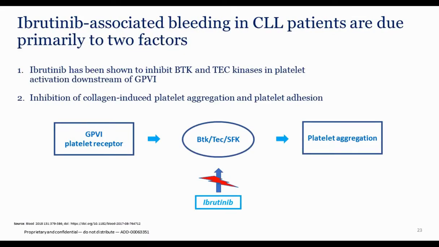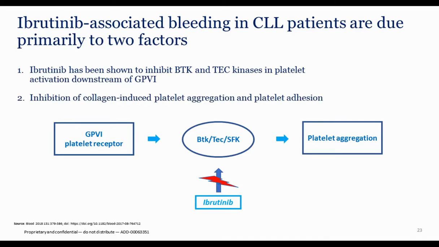The actual mechanism that's associated with this particular drug in patients with CLL is that this drug has been shown to inhibit a number of kinases that are present within the platelet. So if you think about the glycoprotein 6 receptor on platelets, it will receive a signal.